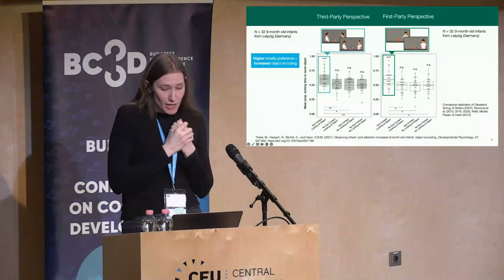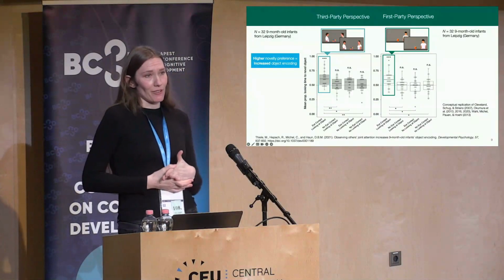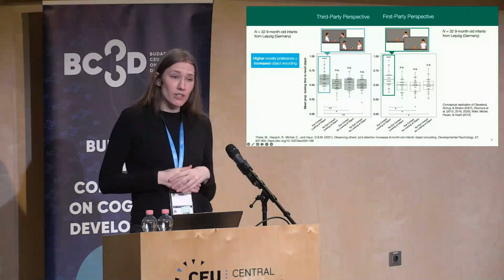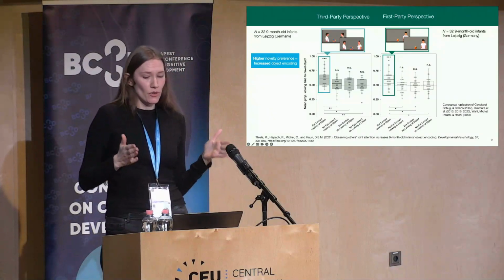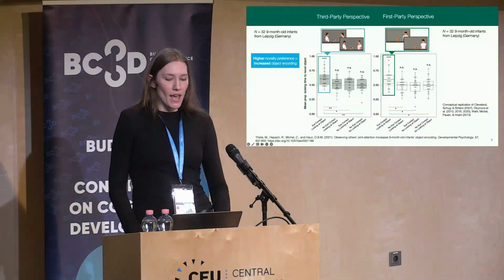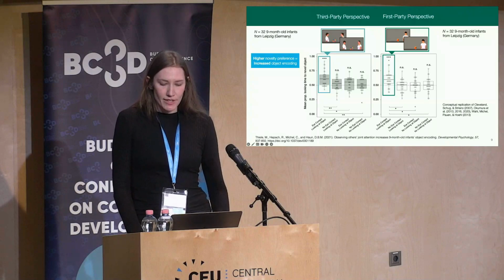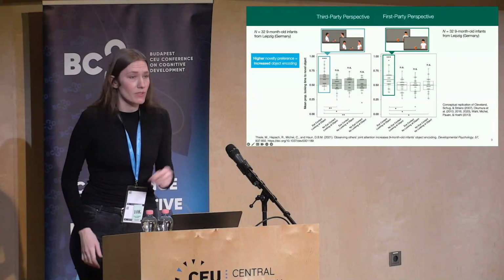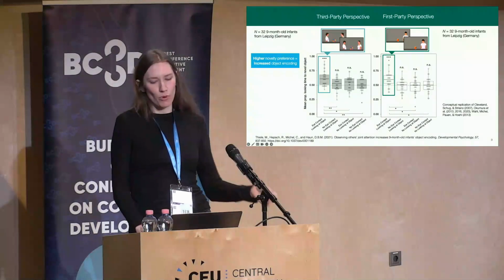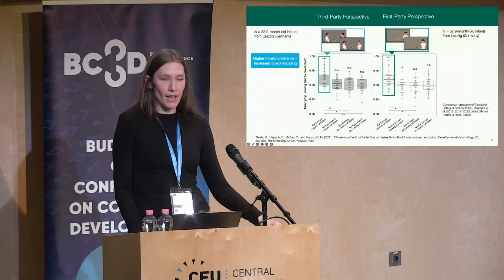In addition, we found a very similar result pattern in a matched first-party experiment in which infants were, like in previous traditional studies, directly addressed by an adult on screen instead of witnessing a third-party interaction between others. Together, we think these findings suggest that not only self-experience, but also, and this is the crucial extension in our study, observed joint attention has a supportive effect on infants' object memory at the young age of 9 months.